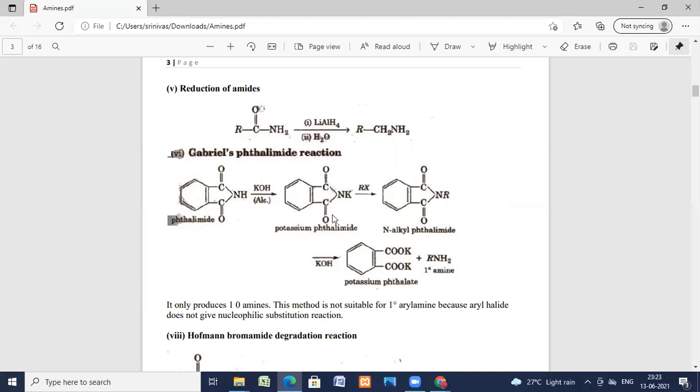This on reaction with an alkyl halide gives N-alkyl phthalimide. N-alkyl phthalimide on reaction with KOH gives potassium phthalate.